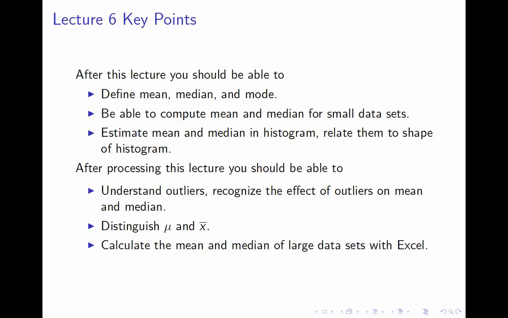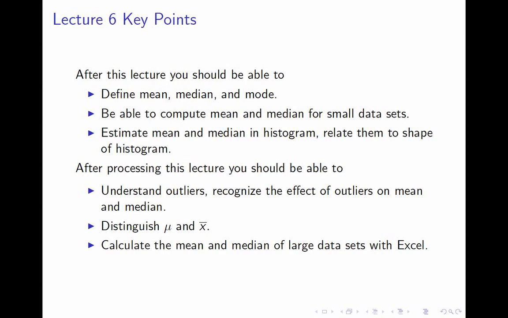Once we have worked with this, you should be able to understand outliers and recognize the effect of outliers on the mean and median, and be able to identify an outlier in a given situation and think about what the explanation for that outlier might be. You should be able to keep straight the population and the sample context and know that you use mu in the population context and x bar in the sample context.